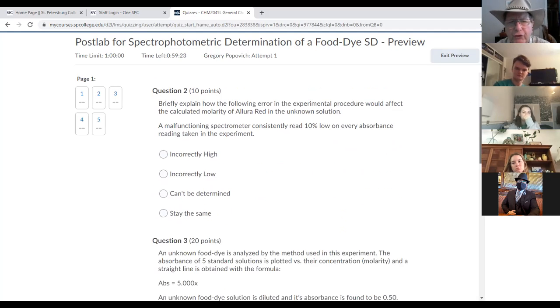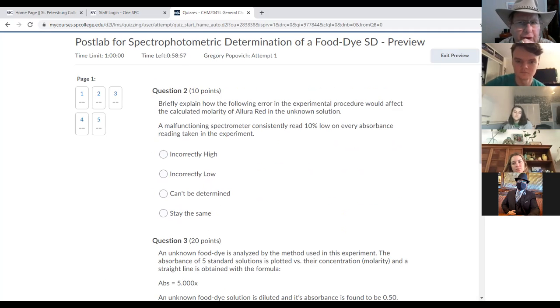Okay. If the spectrophotometer read 10% low on every absorbance reading, how do you think that would affect the results?